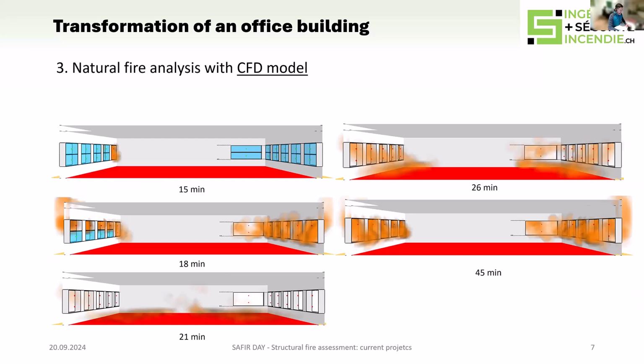So we go further and we switch to CFD model. We did FDS models with two strategies. One, the simple one to start with, one or two compartments, in which we model all the conditions, and especially the ventilation conditions in this building are very good. So we thought that would be a good point to get lower temperatures in this compartment.